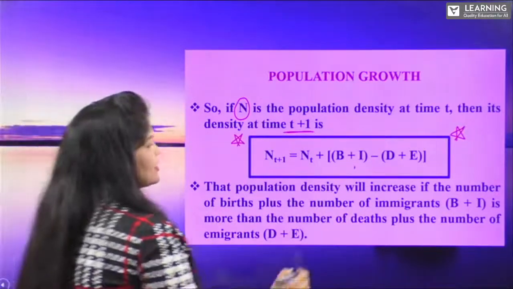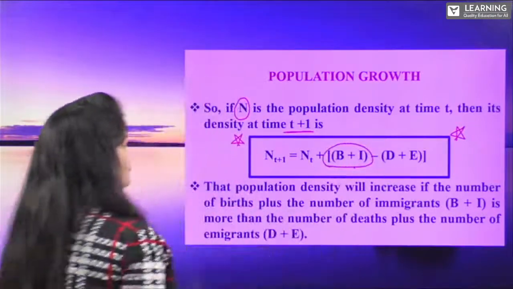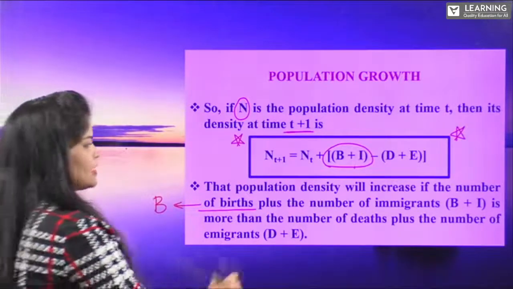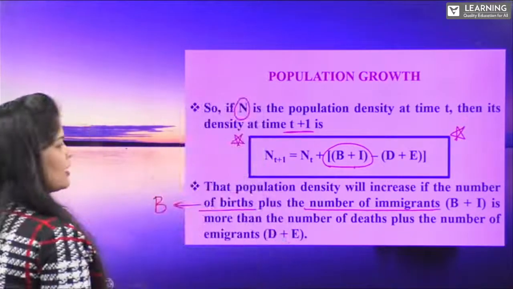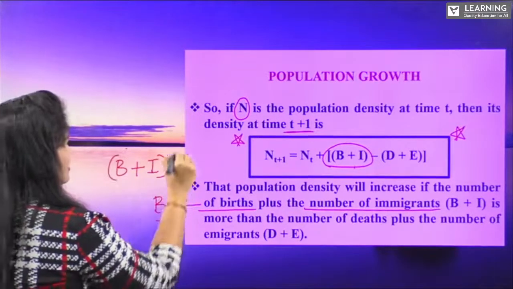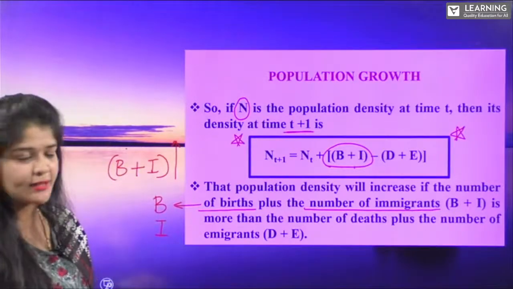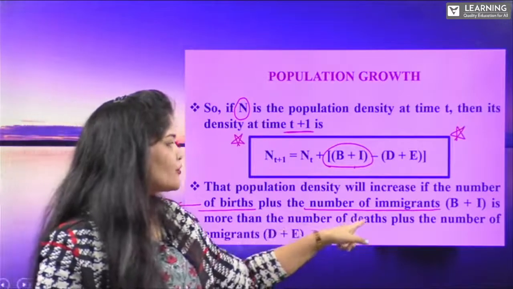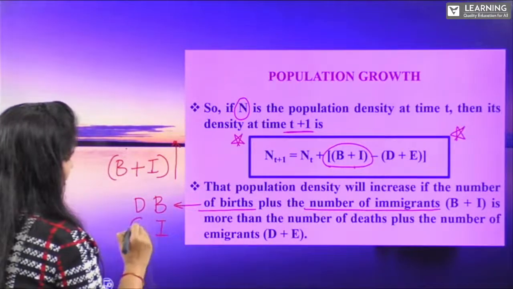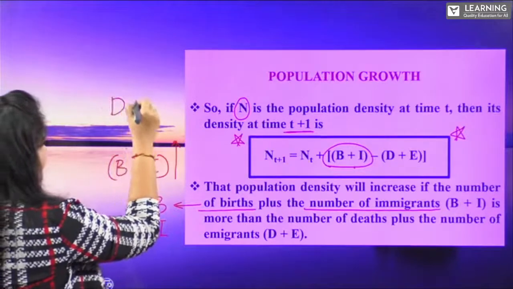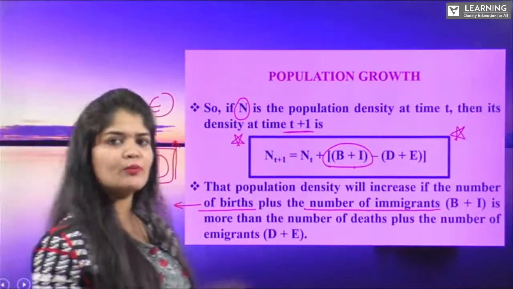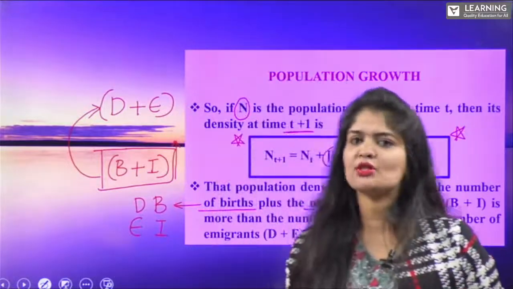Now that population density will increase if the number of births, which is represented by capital B, plus the number of immigrants, which is represented by capital I, capital B plus capital I, increases and is more than the number of deaths, represented by capital D, and the number of emigrants, represented by capital E. So capital D plus capital E. If capital B plus capital I is more than capital D plus capital E, then it is going to contribute to the increased population size, increased population density.